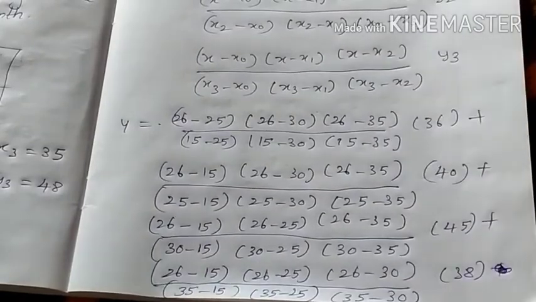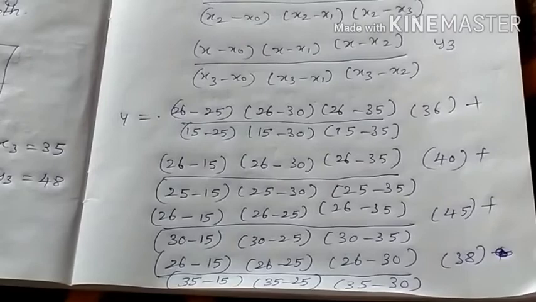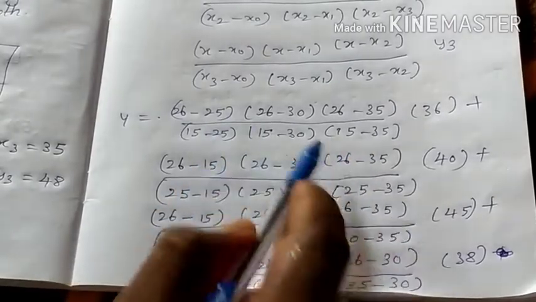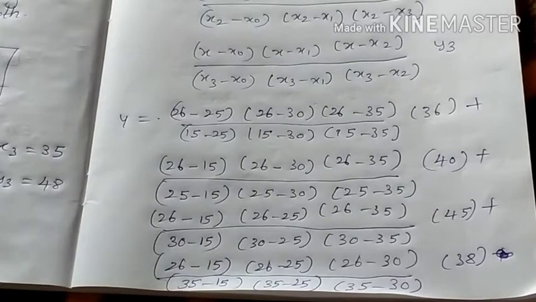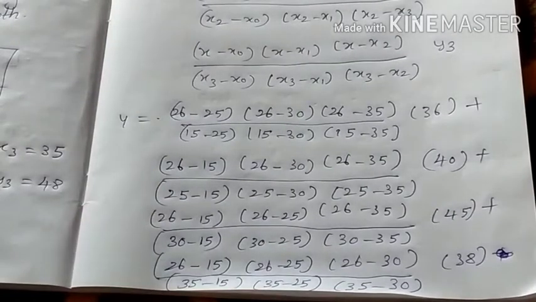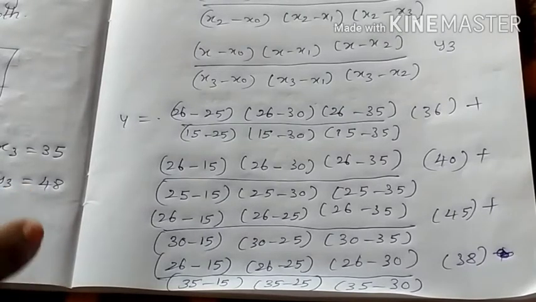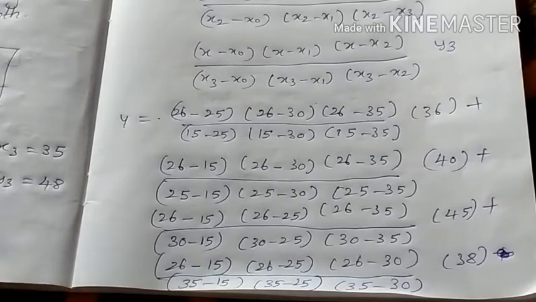That's all. Then making the simplification using the calculator. Using brackets: 26 minus 25, 26 minus 30, and 26 minus 35, into 36, the numerator values, totally 1296.